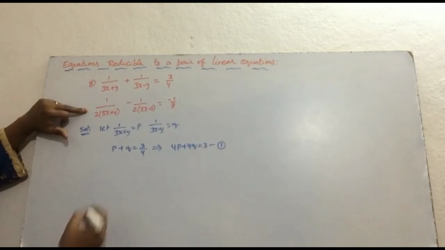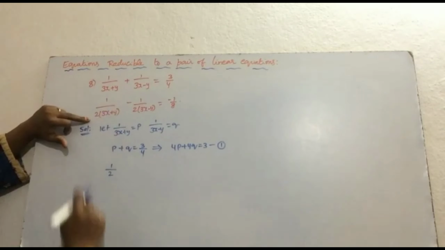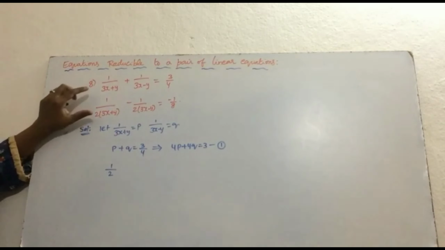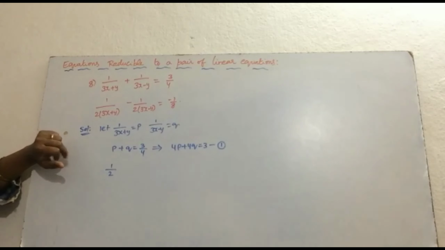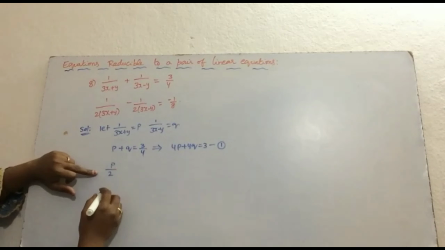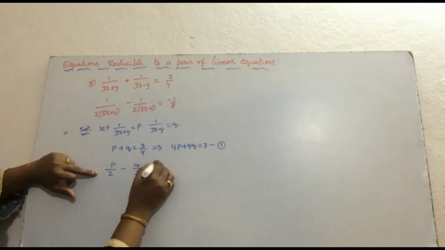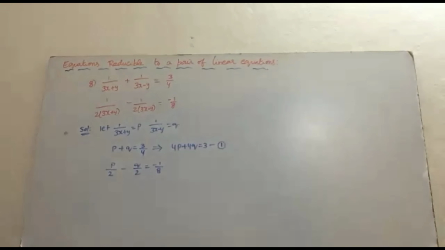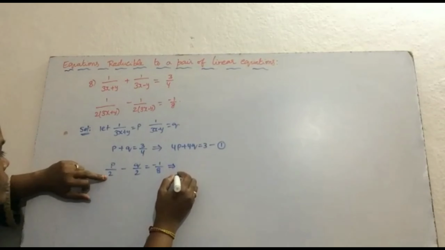And the second equation will become 1 by 2 into 1 by 3x plus y is equal to p. Then we will get p by 2 minus q by 2 equal to minus 1 by 8. Then I will take the LCM of these two.